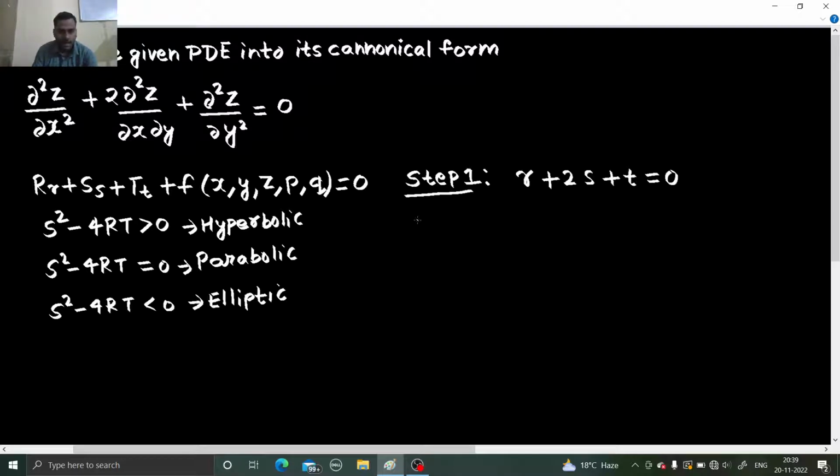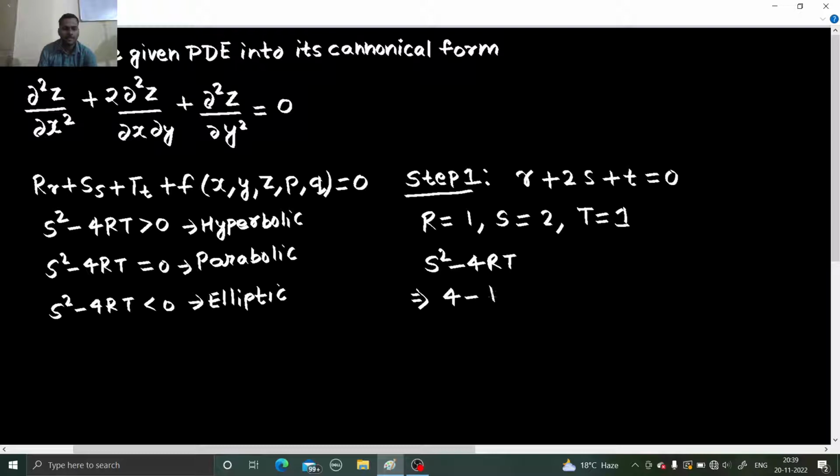These are the basic things which you have been working with for a long time. As I can see, my R is 1, my S is 2, and my T is 1. So if I find s square minus 4RT, that is 2 square, which is 4, minus 4 into 1 into 1, so that comes out to be equal to 0.